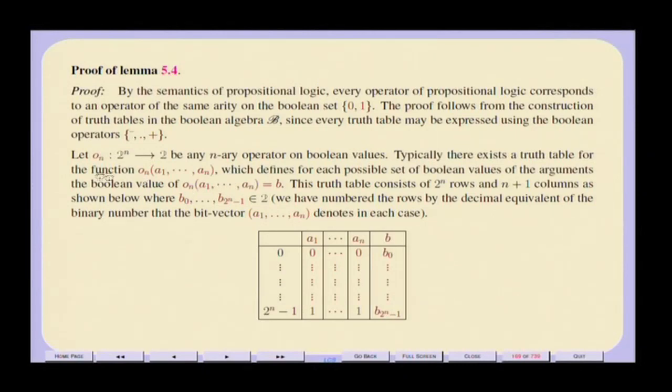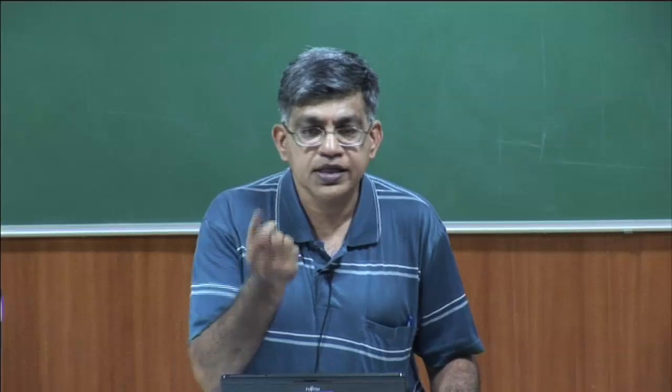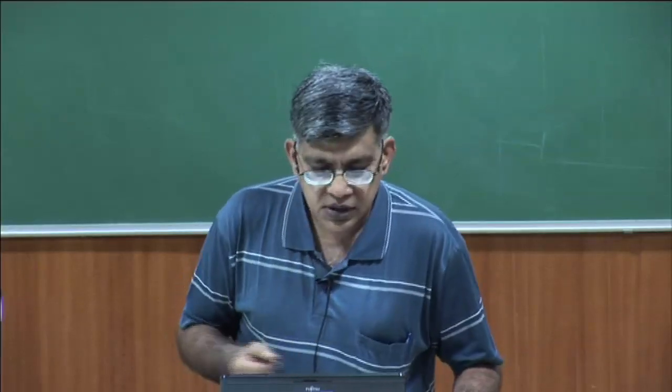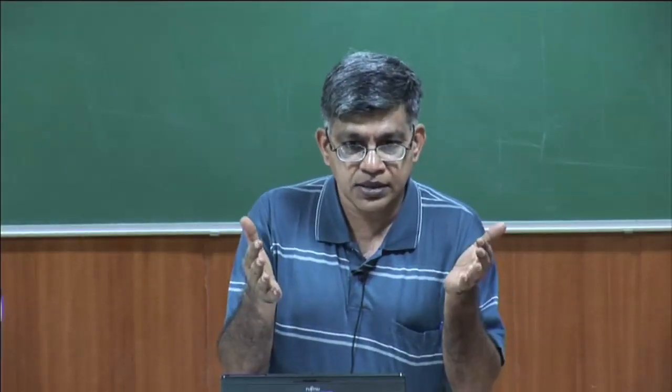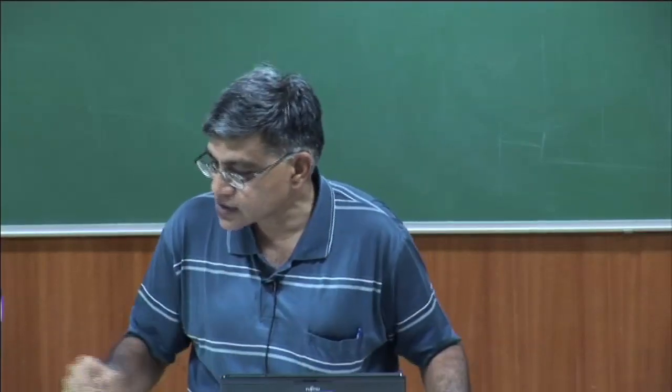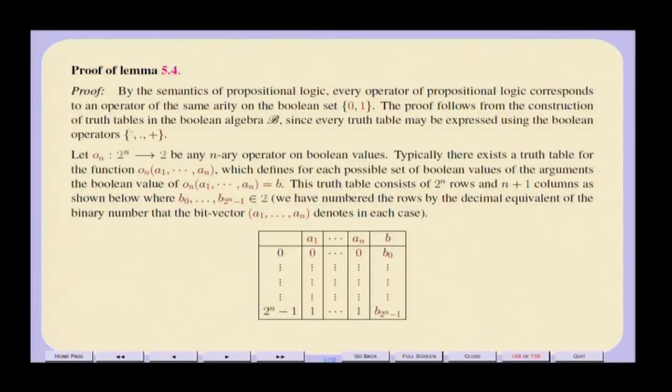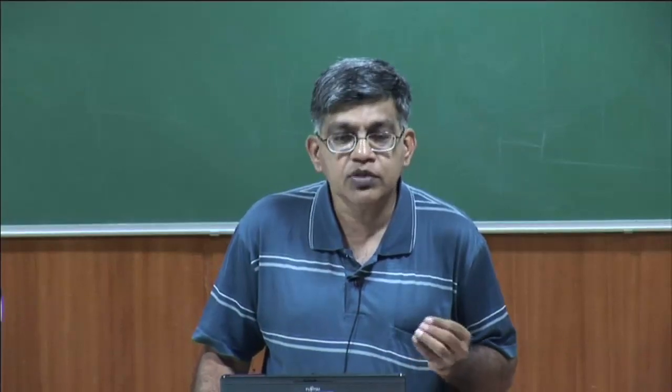So let us assume that little o is some arbitrary n-ary operator on the set {0, 1}. It takes n arguments and gives you a Boolean result, an element from the set {0, 1} as its codomain. Such an operator clearly has something like a truth table associated with it.